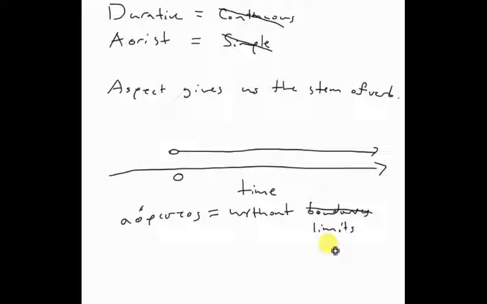Something that has no limits is limitless and it can't be contained, so it's uncontainable. Something similarly that is grammatically limitless can't be defined. And if we can't define it, then that means we don't have any information about it, any details. So if we don't have any information or any details about it, then it is simply simple.